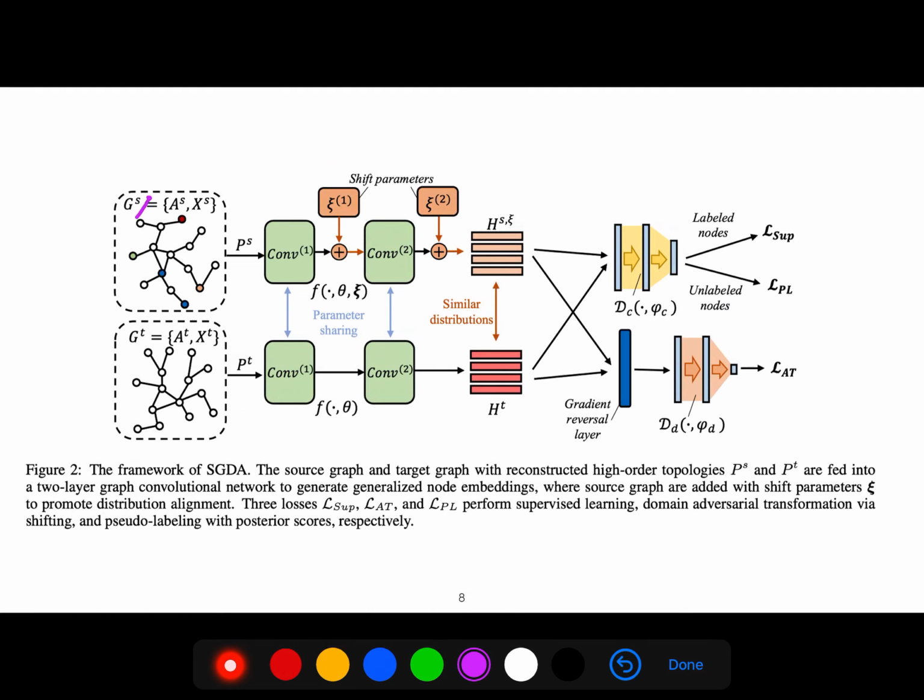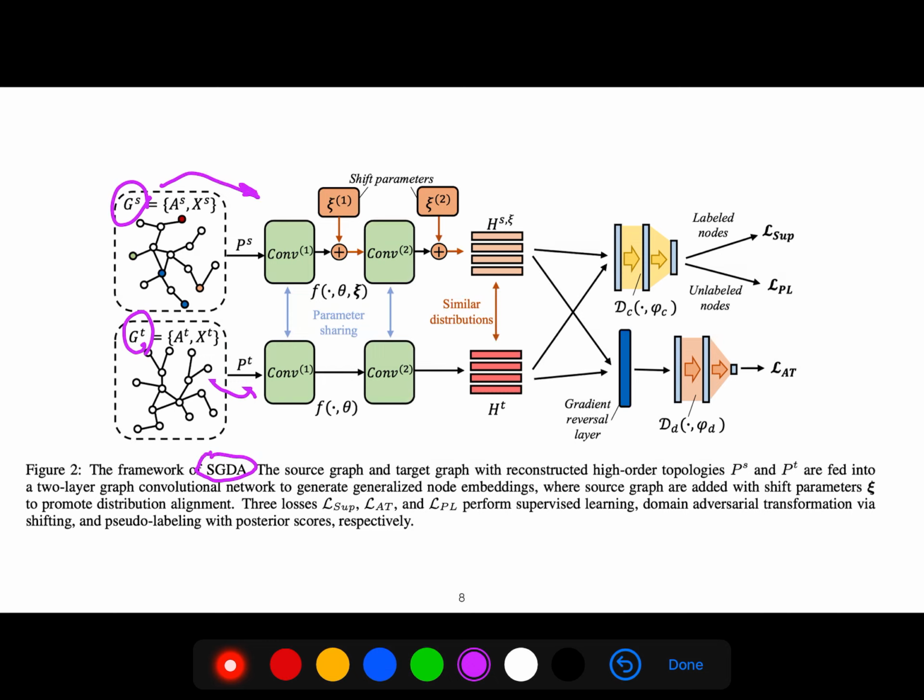So we give the source graph into this line, the target graph into this line, and all of them are, as you see, convolutional. This is the framework of SGDA.